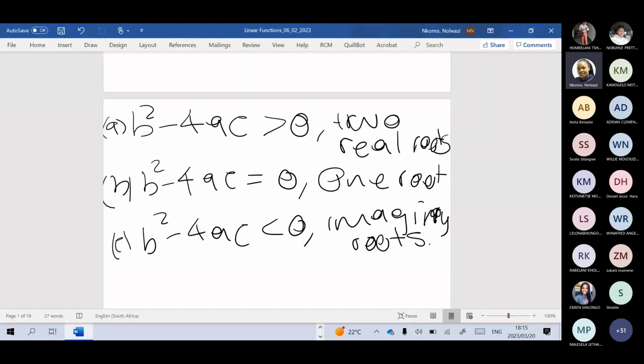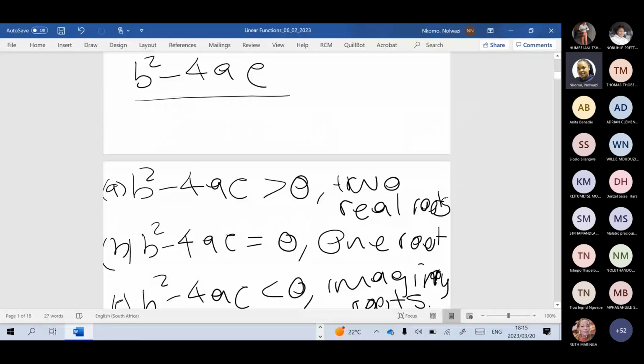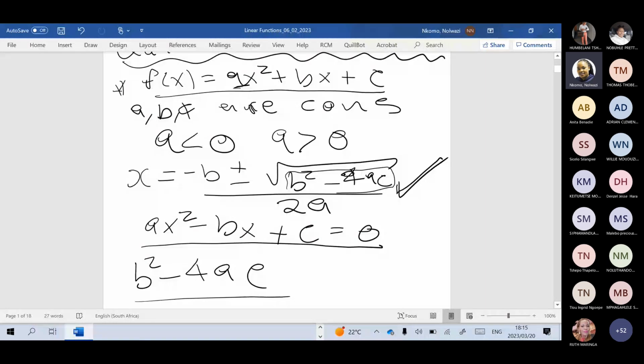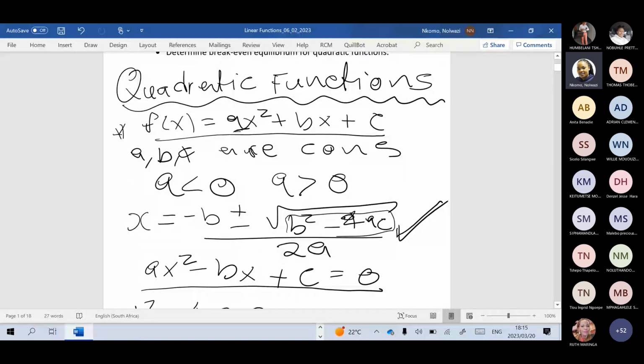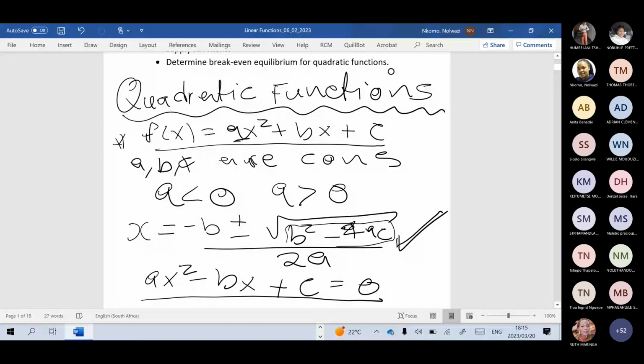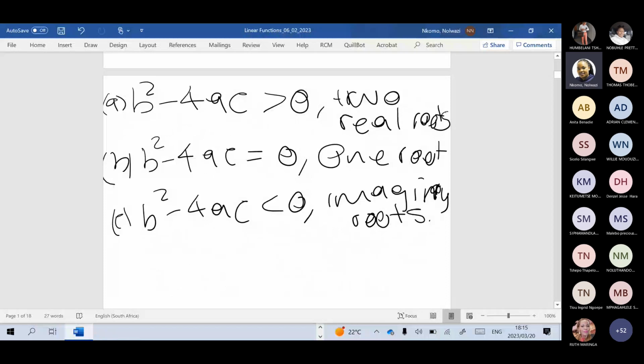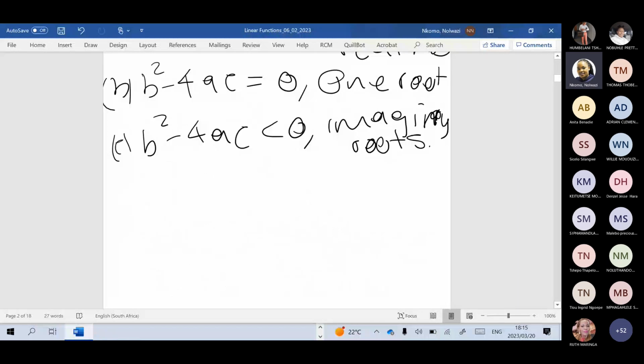I won't give you anything with imaginary roots here, just the first two cases. Remember I said if a is greater than 0 or less than 0, that means our function has a turning point, either a maximum point or a minimum point. To get that turning point, you'll use this formula: x is equal to minus b over 2a.